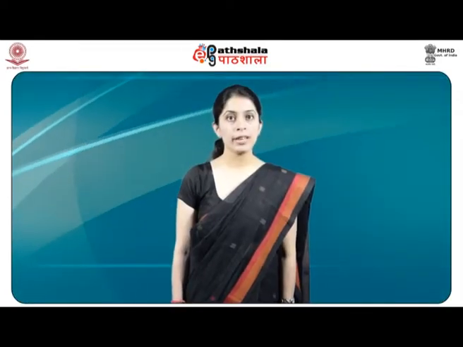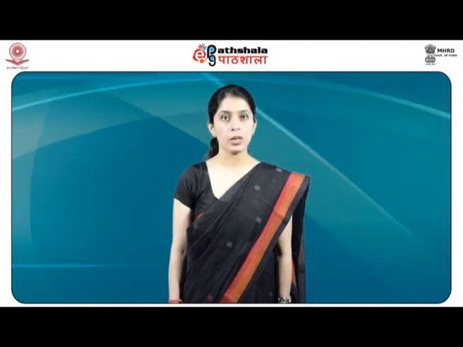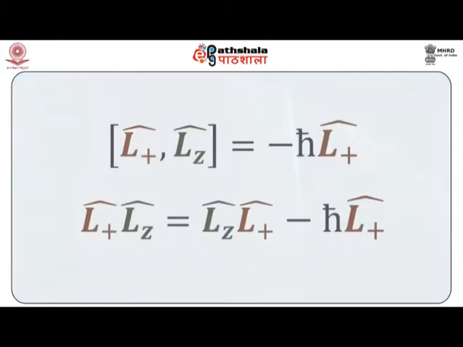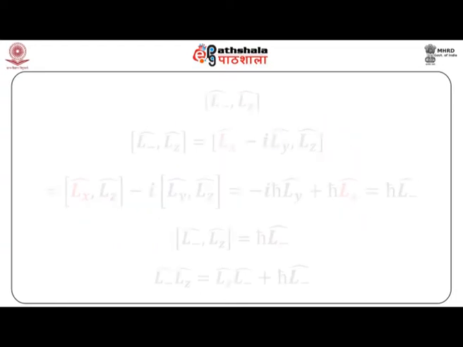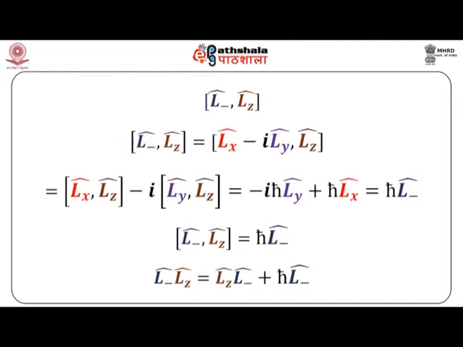Further simplifying this commutation relation, we get the expression L plus Lz equals Lz L plus minus ħL plus. With this, we now move to the second commutation relation between L minus and Lz. Substituting the value of the L minus operator, we get the expression [Lx minus iLy, Lz].